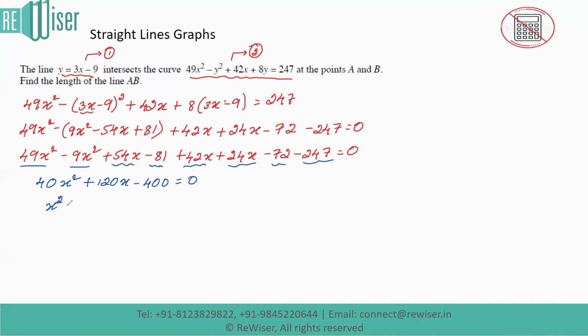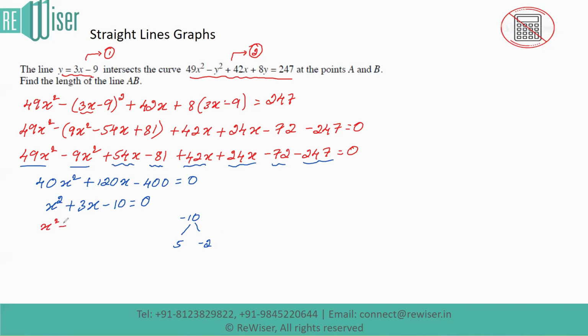That gives us a quadratic equation, x squared plus 3x minus 10 equals 0. From here, we can solve for x. To factorize this, I need to find factors of minus 10. Minus 10 has to be positive 5 and minus 2. When we multiply them, we get minus 10, and when we add them, we get positive 3.